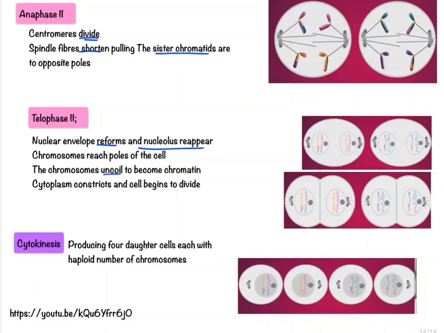The chromosomes are going to uncoil to become chromatin, the cytoplasm constricts, and cells begin to divide. Then we're going to talk more about cytokinesis. Okay, this is the part of the cell cycle in which these cells are going to fully divide, producing 4 daughter cells, each with the haploid number of chromosomes, which means it has only one set of chromosomes.